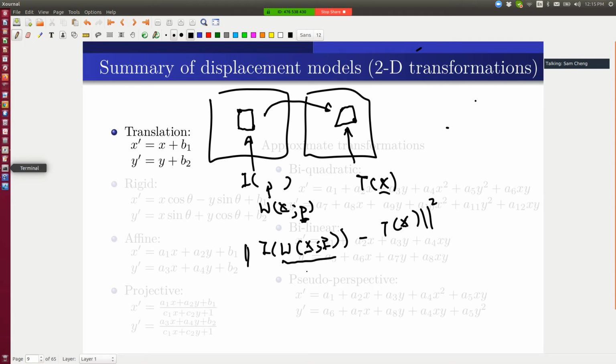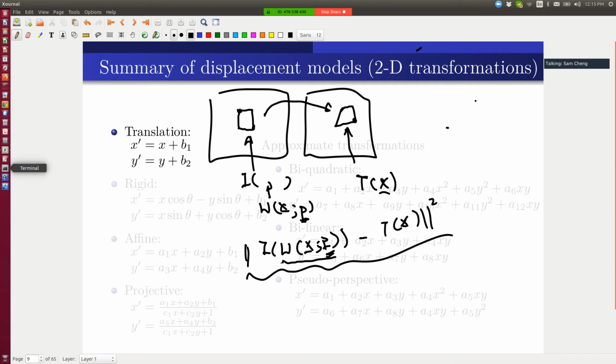So if you look at it this way, this is a generalization of the Lucas-Kanade algorithm, or this kind of optical flow algorithm. Is that clear up to this point? Then our problem now is just how we are going to find this parameter P.